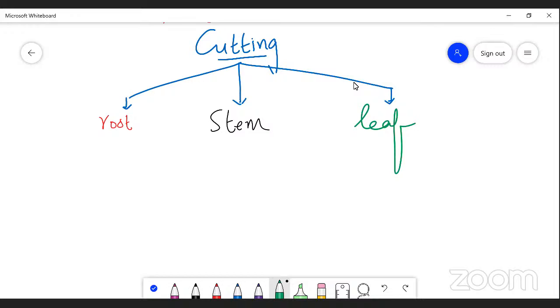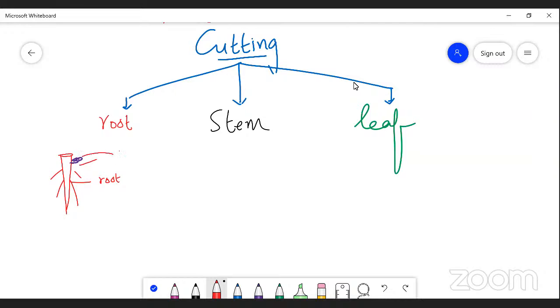First of all, let me take root cutting. This is a root system from which a piece of root is taken out. From that piece, buds grow. This is a bud, right? So the first diagram is a root, which propagates to form the next generation.